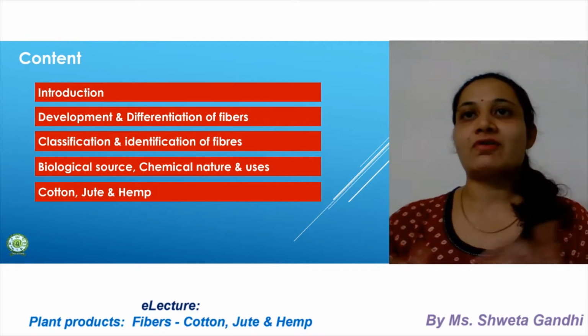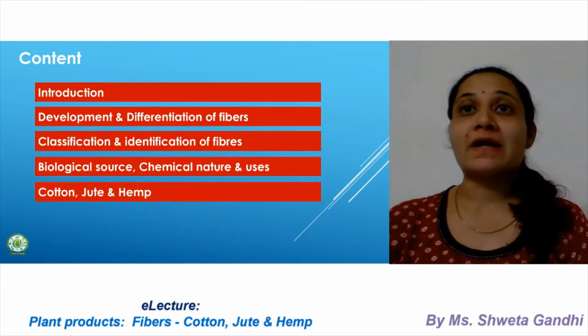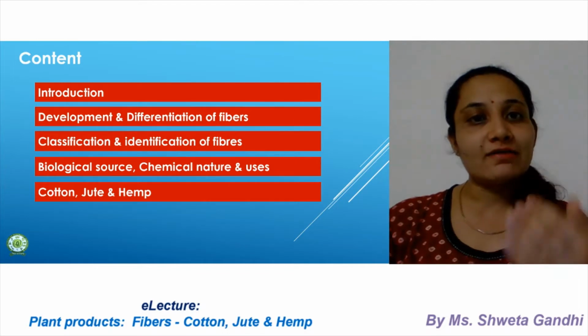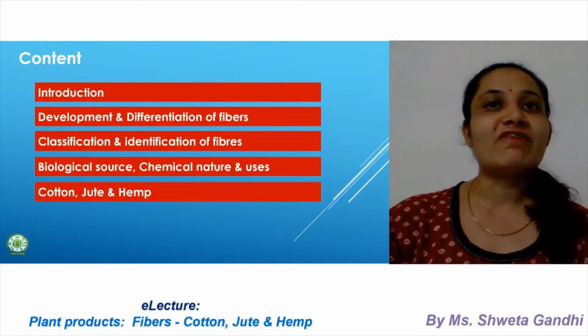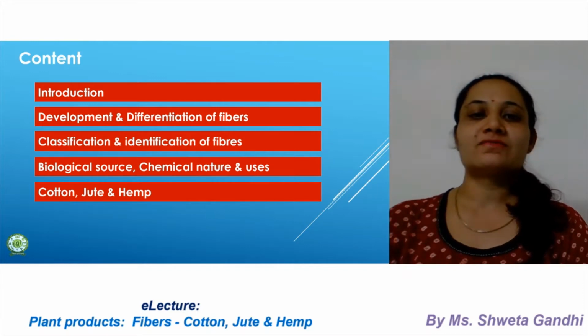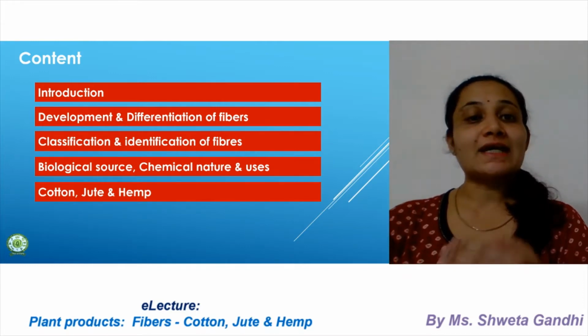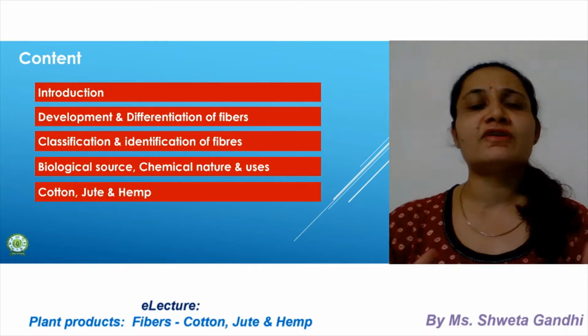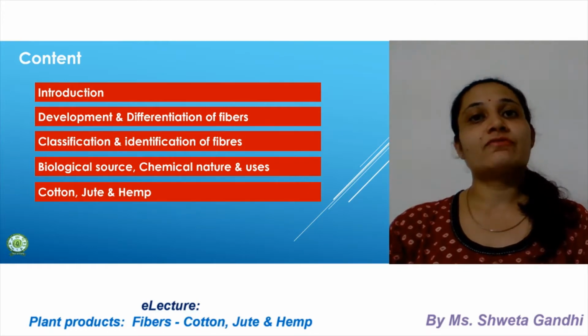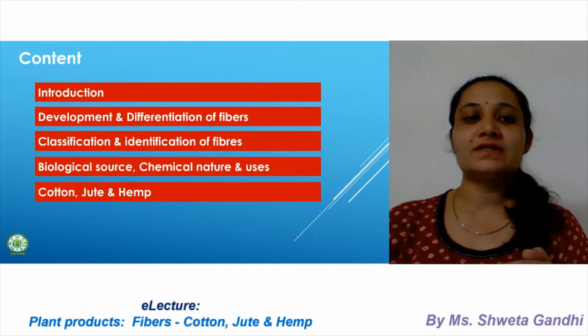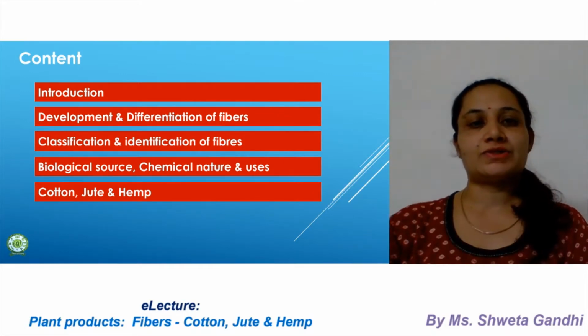First one is the introduction, which includes what plant fibers are, how they are developed, and the differentiation of fibers like phloem fibers and xylem fibers. Then the classification of fibers. There are different fibers, from animal origin and from plant origin, and we will study the plant origin.